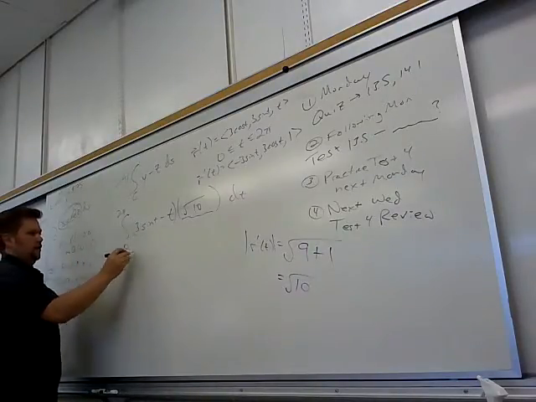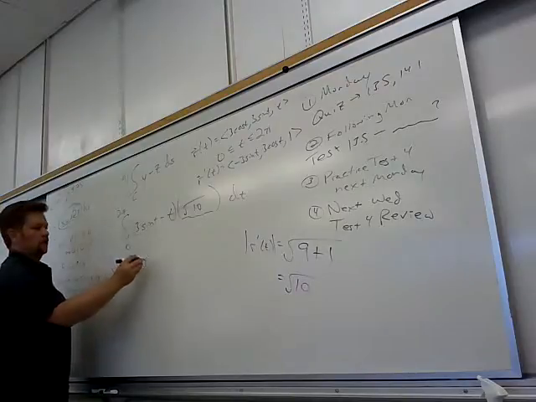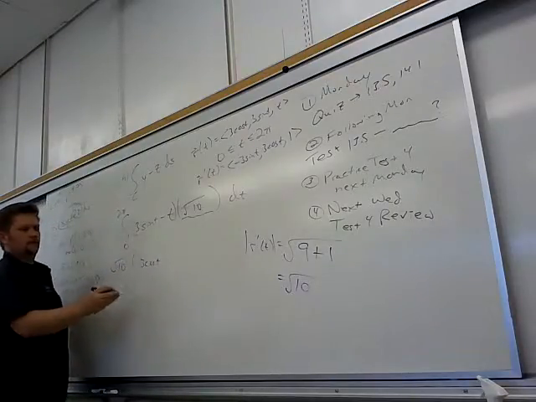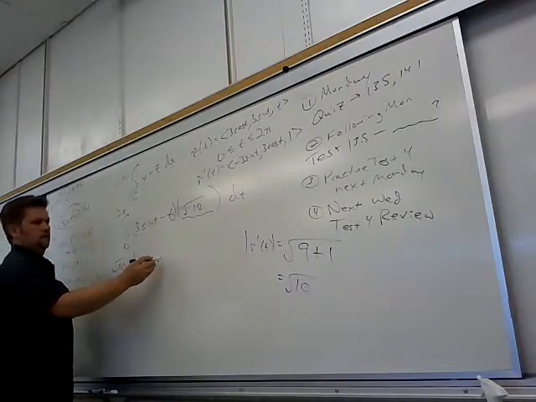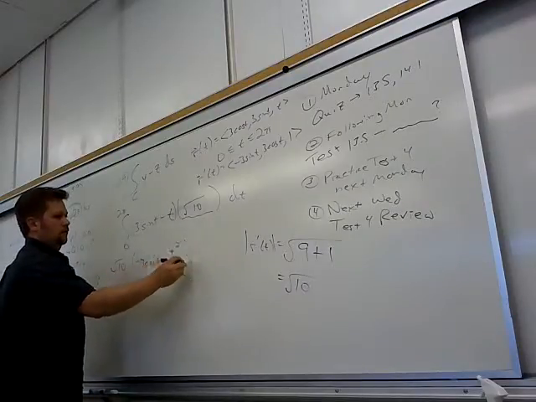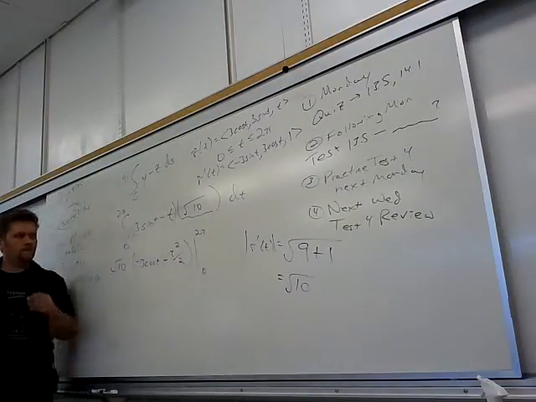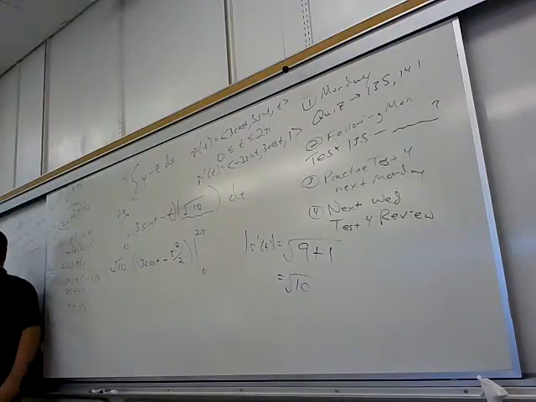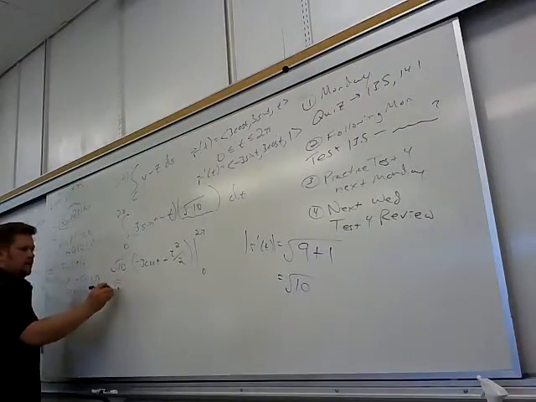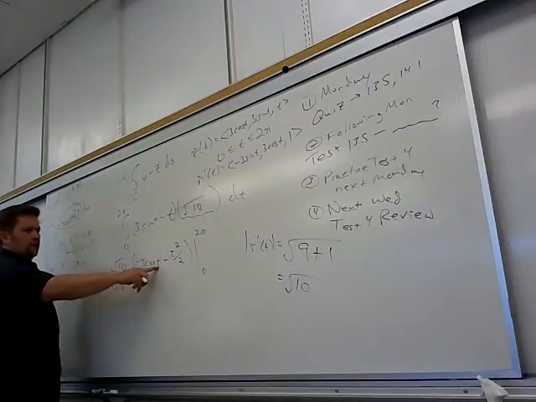So I get root 10. Careful, man. Negative. From 0 to 2 pi. So I get root 10 times cosine of 2 pi is 1.